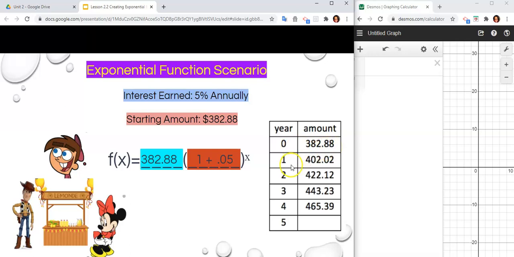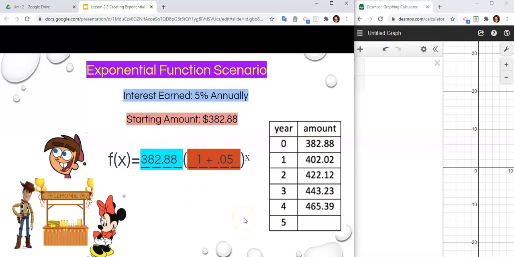After the first year, they've accumulated $402.02. After the second year, they've accumulated $422.12. After the third year, you can see here what they have. After the fourth year, you can see what they have. But guess what? They're on their fifth year, and they want to try to calculate based off of the information that they know.